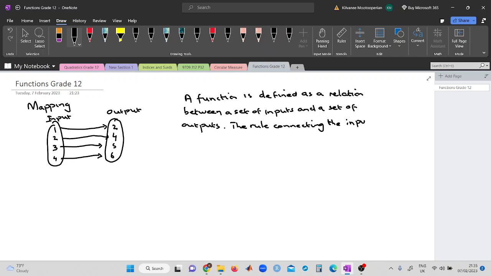Donc, il y a différentes façons de créer input and output values can be written. Donc, ça, c'est juste une petite définition.